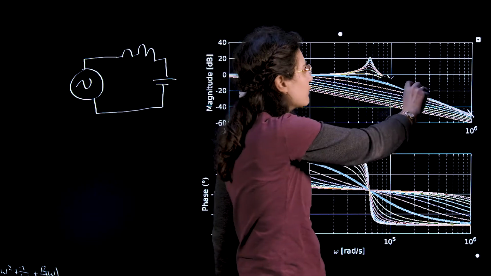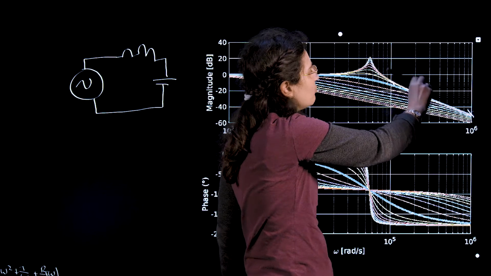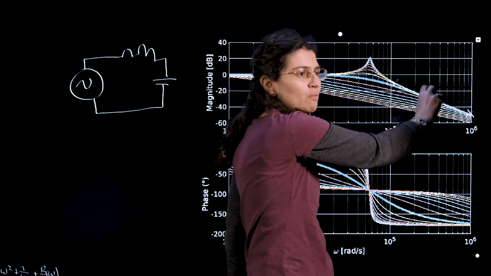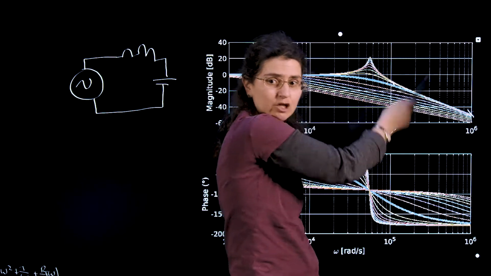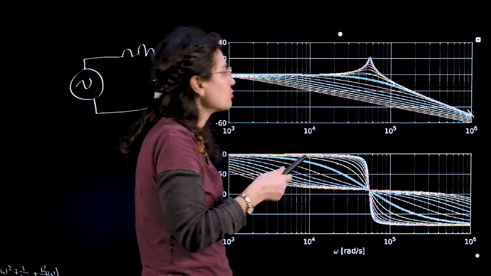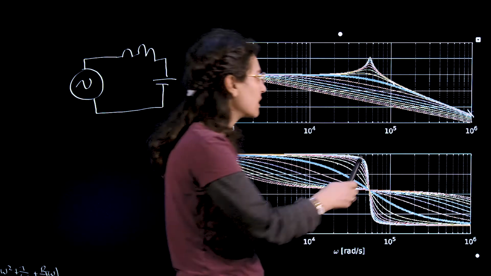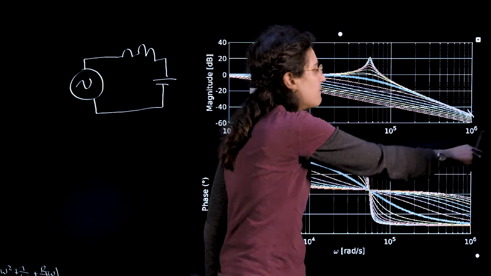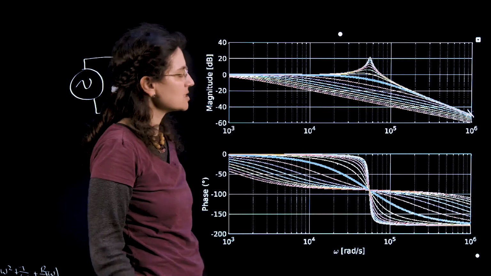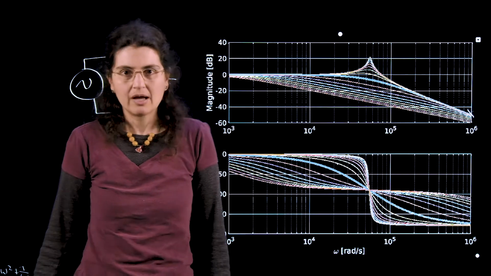In this case, both of the components are responsible for making this slope happen, and therefore each of them gives minus 20 dBs per decade, and the other minus 20 dBs per decade. So we end up here having minus 40 dBs per decade because it's a second order system.